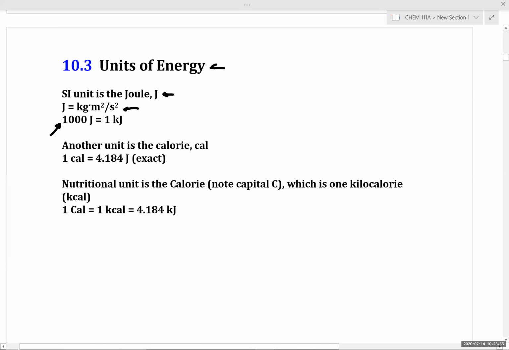Okay, that's a typical prefix conversion. If you happen to be in the English or imperial unit system, the other unit is the calorie. So 1 cal is 4.184 joules, and this is exact.